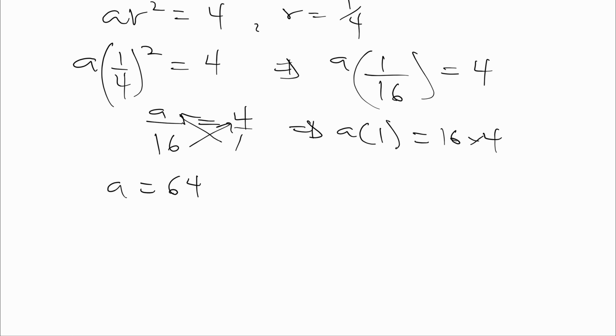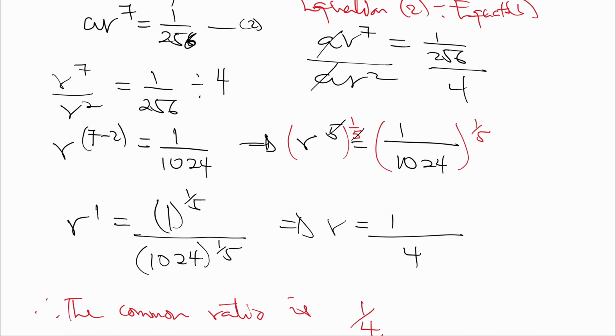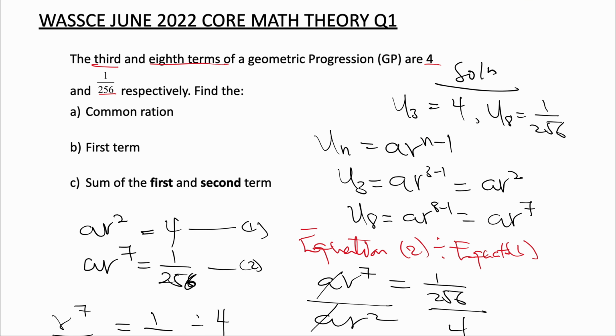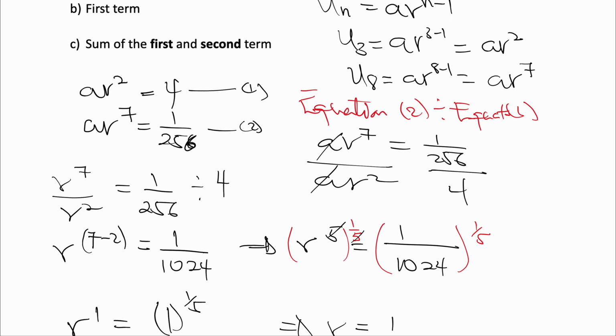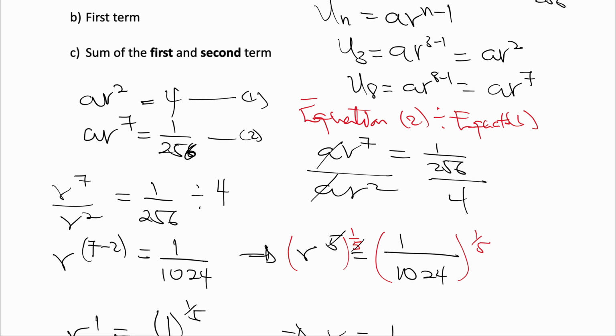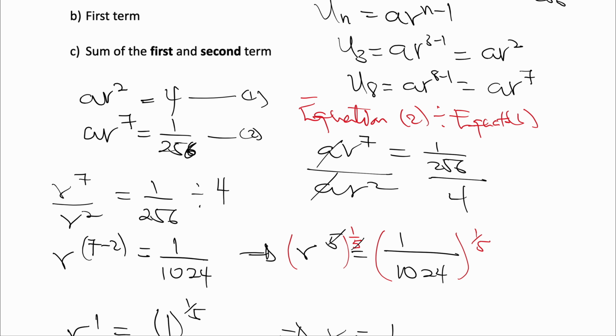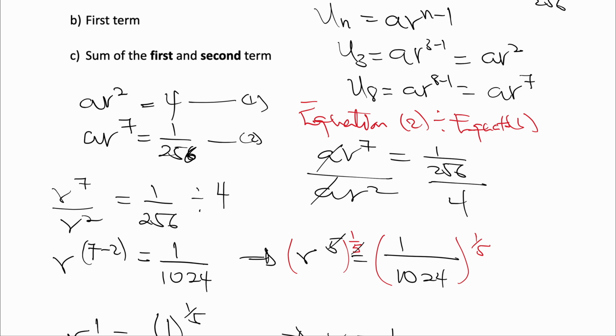So therefore, the first term is 64. Okay, so let's move on to C. C says find the sum of the first and second terms. So what this means is that we are finding the sum of the first two terms.